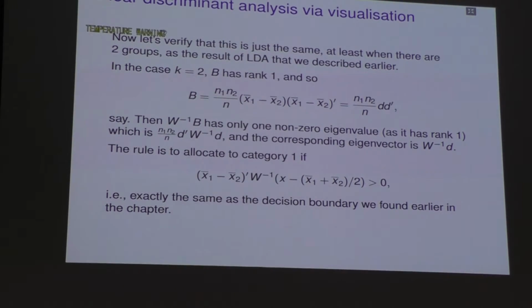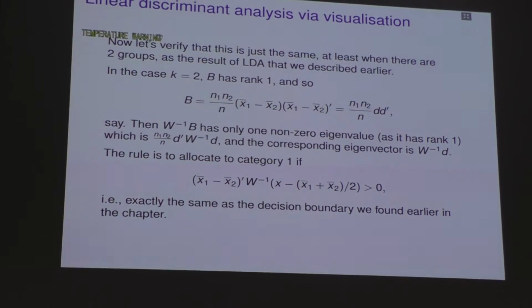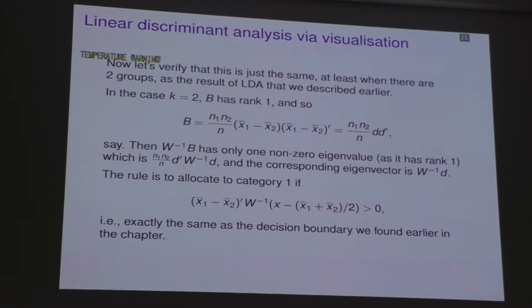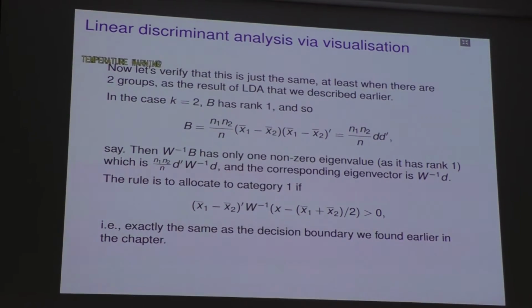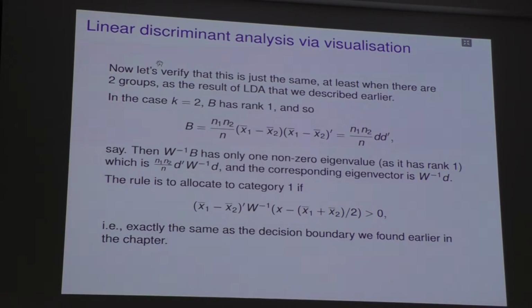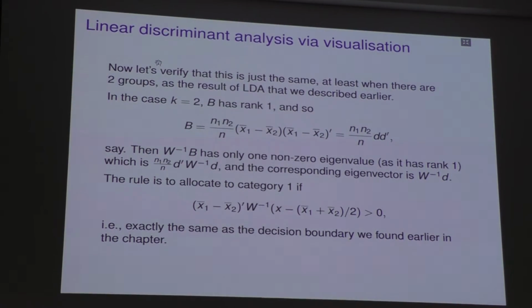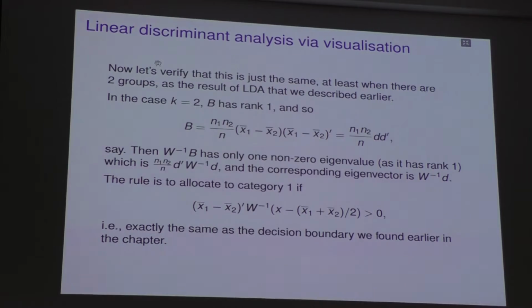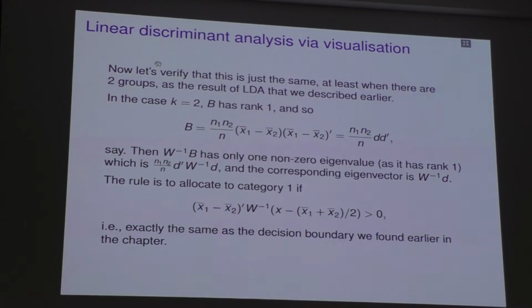So what we're working out is x1 bar minus x2 bar dash times W inverse times x, and comparing that with the midpoint between the means. So it really is exactly the same. You should check the details there.